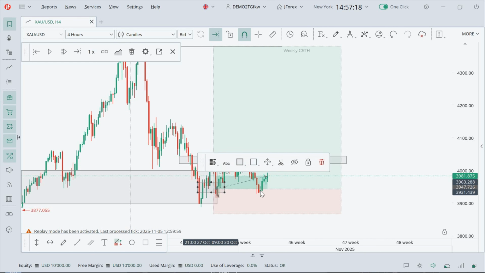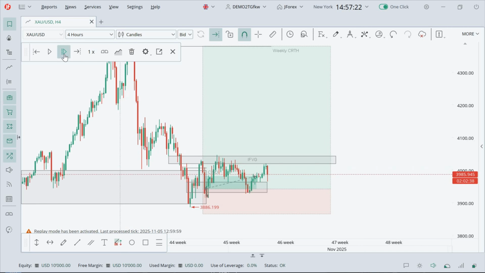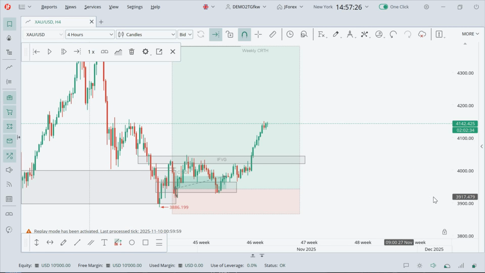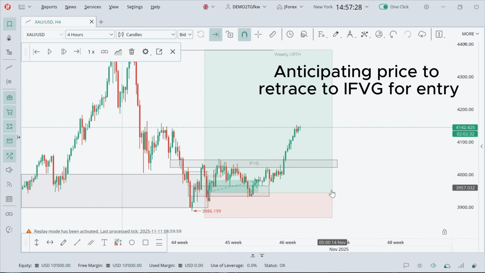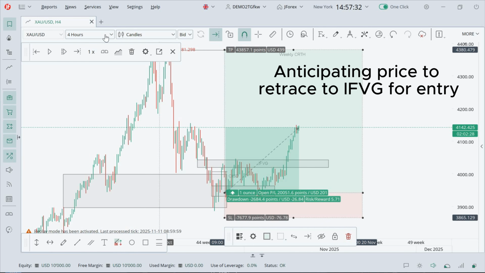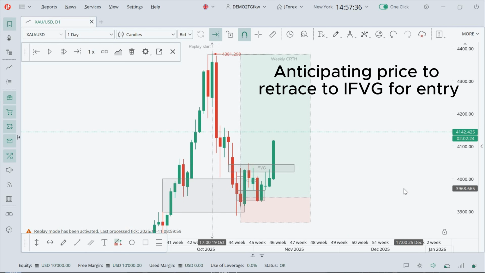Price then respected that bullish fair value gap, meaning that price is ready to go up. It disrespected that bearish fair value gap, turning it into an inversion fair value gap. Now we anticipate price to retrace to the inversion fair value gap for another entry.